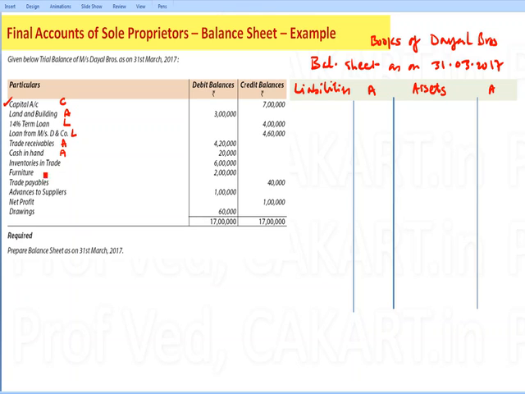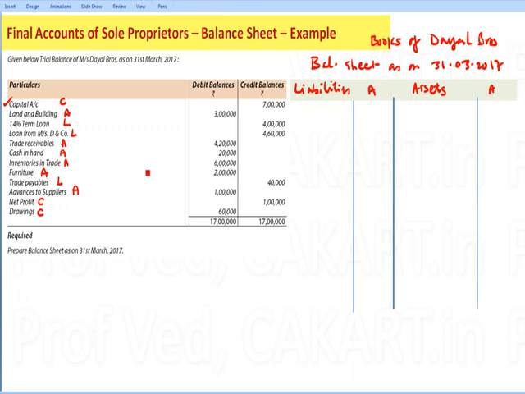Cash in hand is an asset. Inventories in trade is an asset. Furniture is an asset. Trade payables is a liability. Advance paid to suppliers is an asset. Net profit will go to capital. Drawings, capital account, right? So that's it.